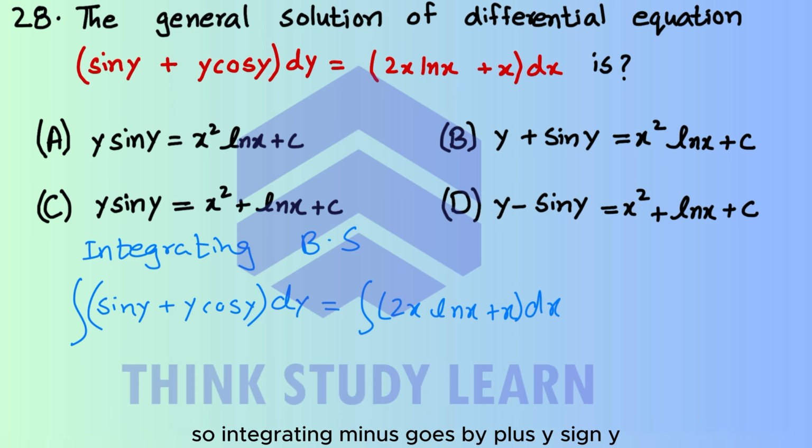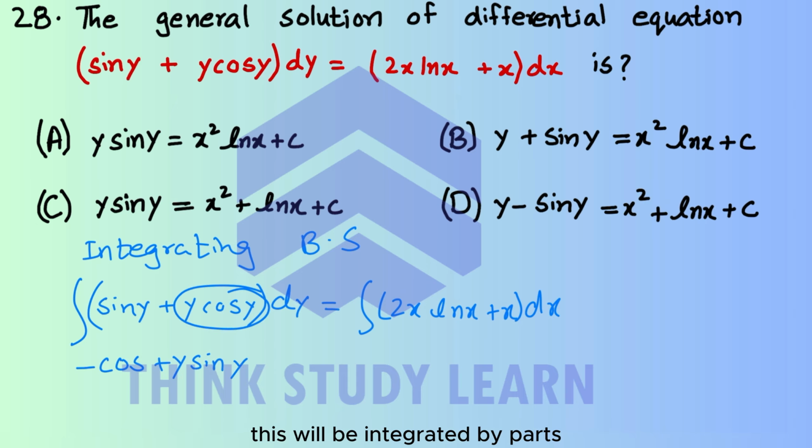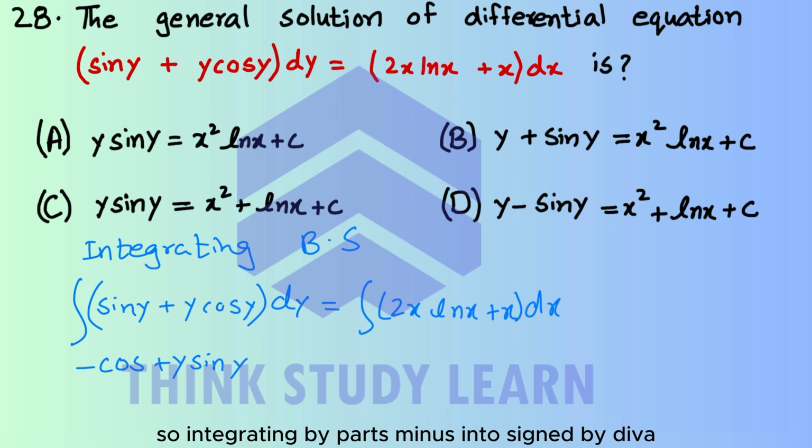So integrating, minus cos y plus y sin y, this will be integrated by parts, minus the integral of sin y dy.